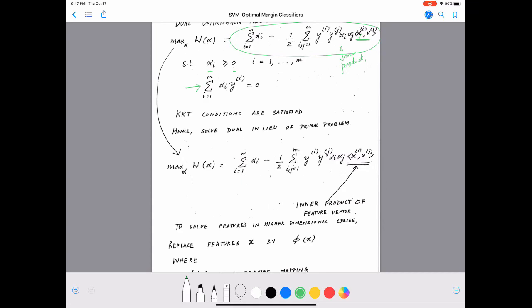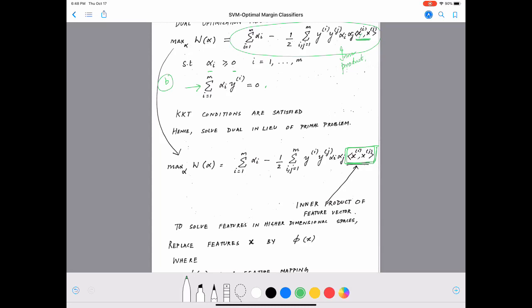Remember, we got this constraint when we solved for b. We differentiated with respect to b and set it equal to 0. We got this constraint. Now, when we solve in this order is when we get this inner product.